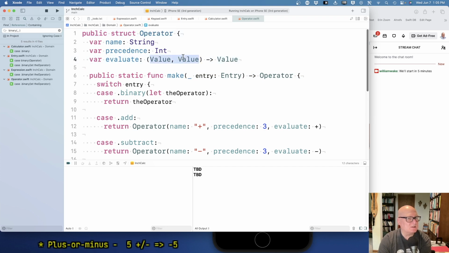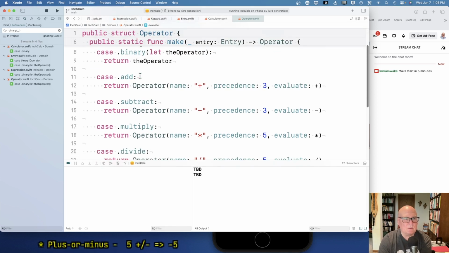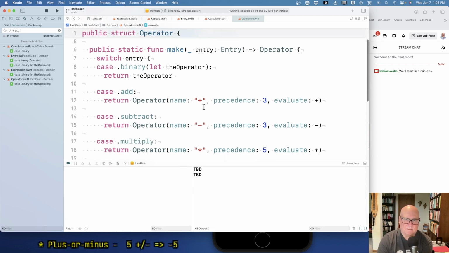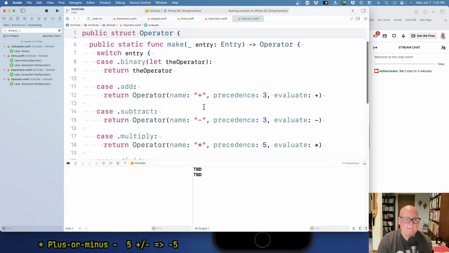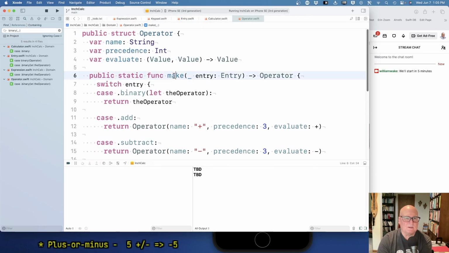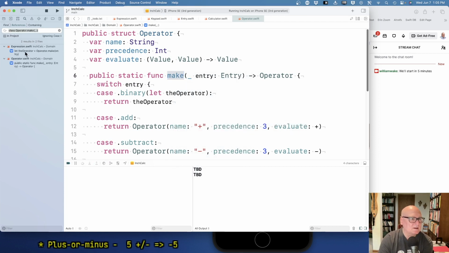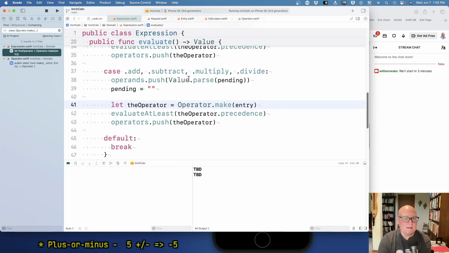It assumes it's got 2 values to work with. I don't know if it will pay to, but we could say just pass the same argument twice and let it go. I think we'll try that. Okay, so first let's see if we can get rid of make. I think that was a refactoring we started down. Okay, Operator.make.